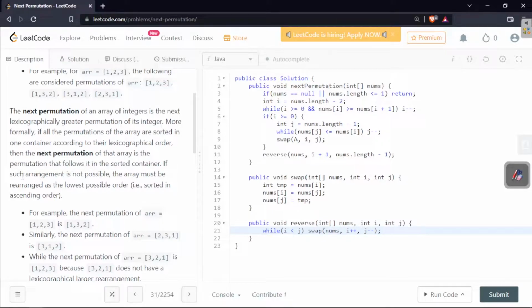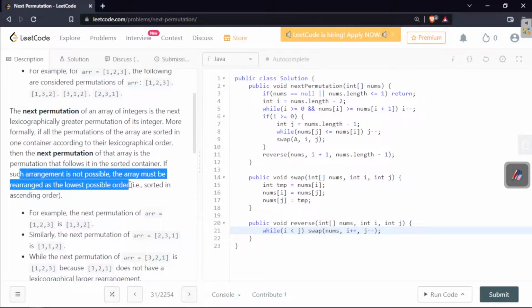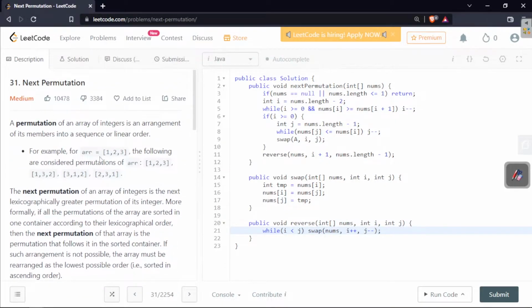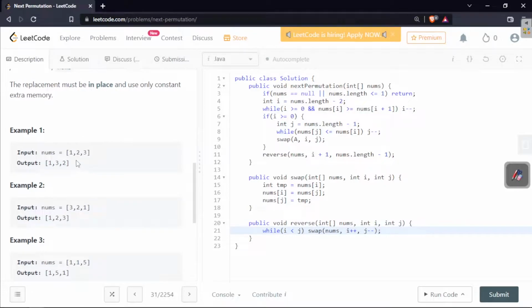If such an arrangement is not possible, the array must be rearranged as the lowest possible order, that is sorted in ascending order. So essentially what the problem says is that we are given some input and we have to return the output of the next permutation that can happen for that input.